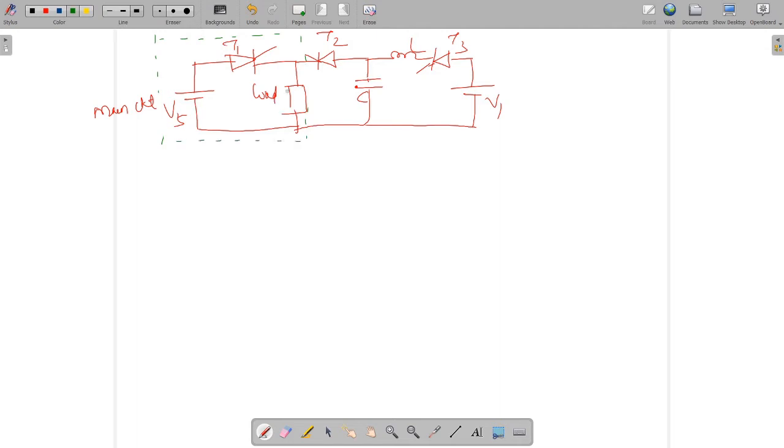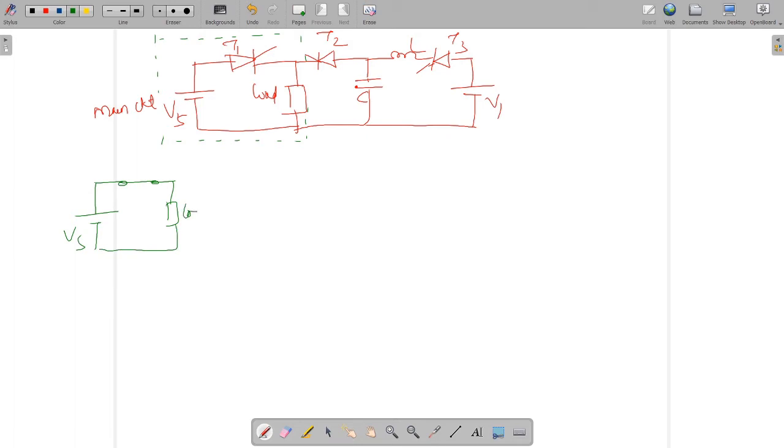When you apply a positive gate pulse to the gate of T1, your SCR will enter into the forward conduction state. So T1 will be acting as a short circuit, and you can replace T1 by a short circuit. So now you have a short circuit here, a voltage Vs and a load.